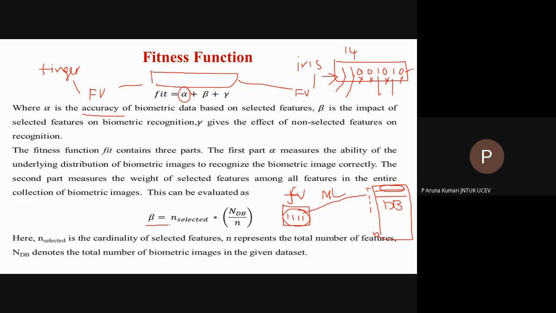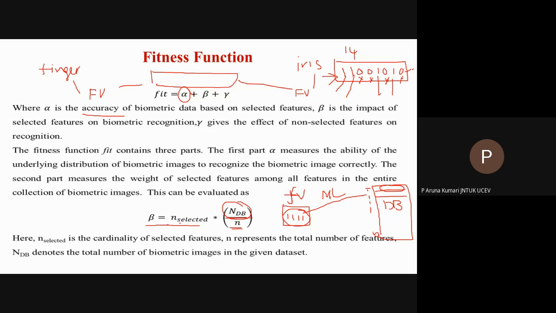Then the second component calculates the impact of the selected features. NDB means the total number of biometric samples we have collected, that is, we have collected from 100 people or 1000 people. That is your database size. And N is the total number of features available.